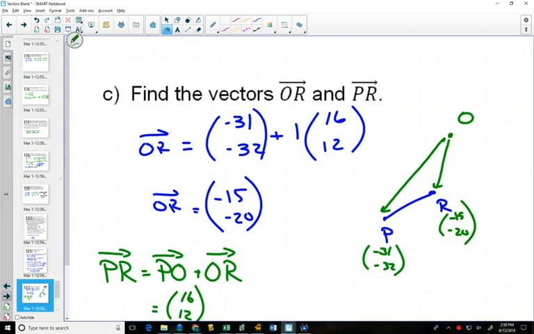But you can also see if you're traveling 1 hour from P to R, the direction that you're going is 16, 12, and you could see that directly from there. In this case, you could just write it down because it is sort of obvious from the question.